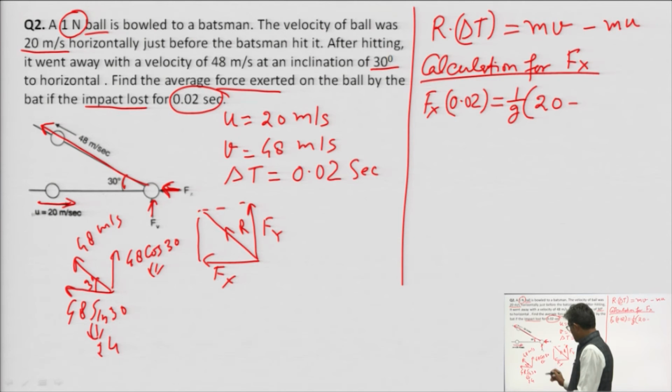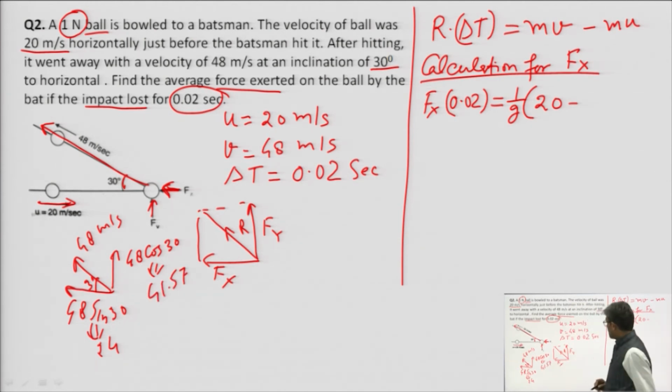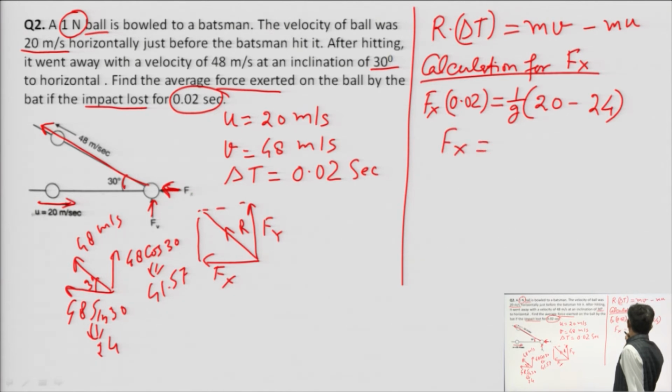So, it is 41.57. So, the horizontal component of velocity for this part is 24. So, F x can be calculated.